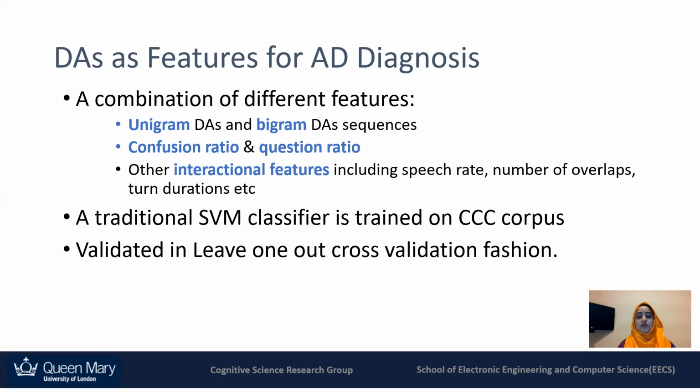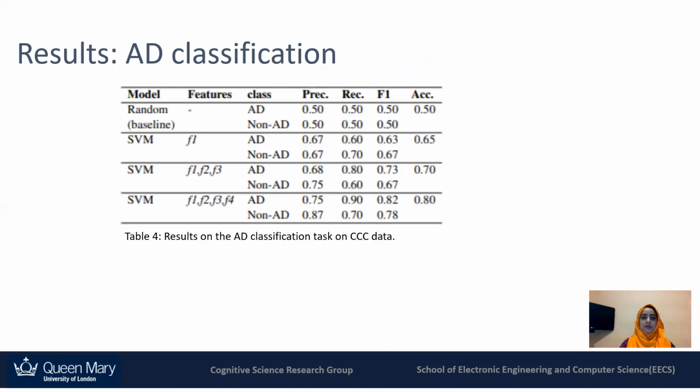We used these features and trained a traditional SVM classifier on the Carolina's corpus and evaluated with leave-one-out cross validation. Here we can see that with only the unigram dialogue act tags, we got an accuracy of 0.65.